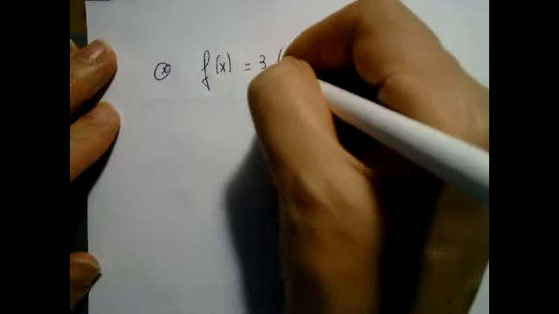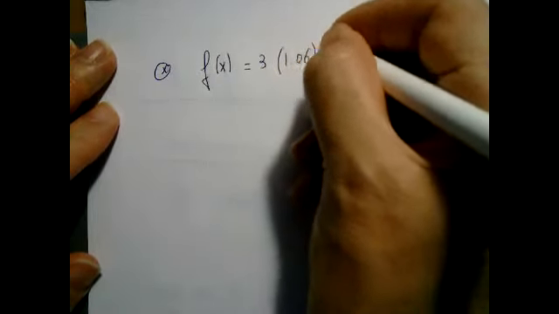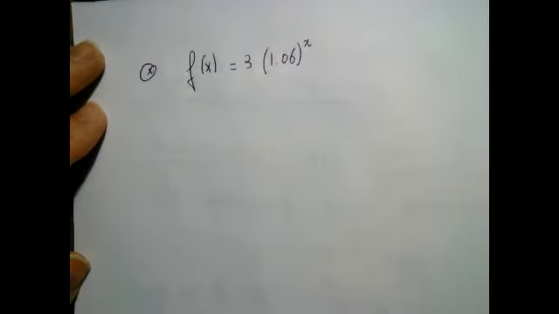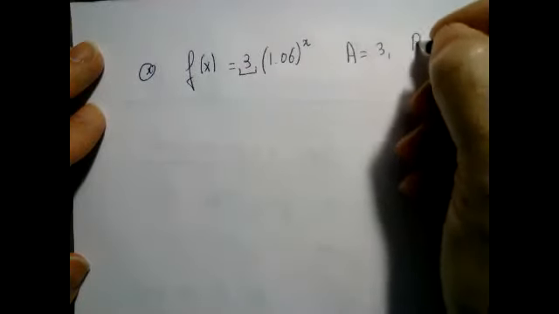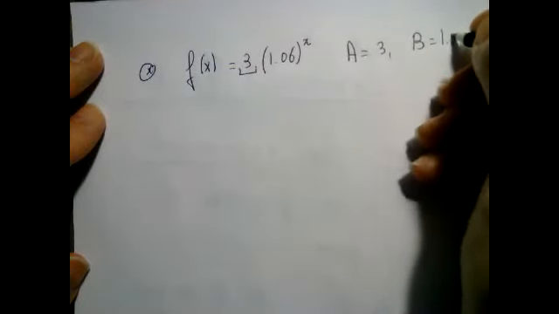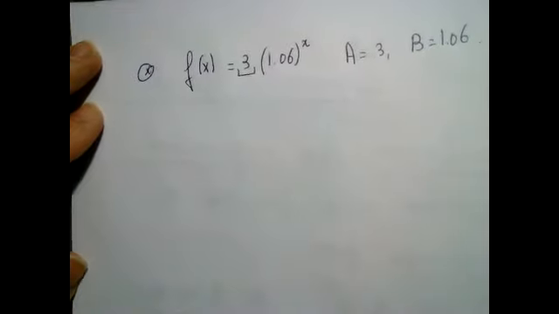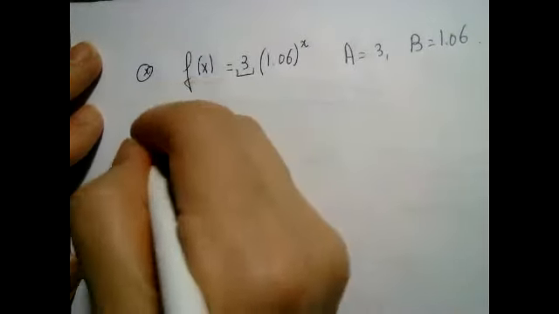So more examples of exponential, just the form of it, no more evaluating. Another example, I can take f of x to be something like 3 times 1.06 to the power x. In this case, the a is the 3. The b is the 1.06. That's what we mean by the b. Another example.